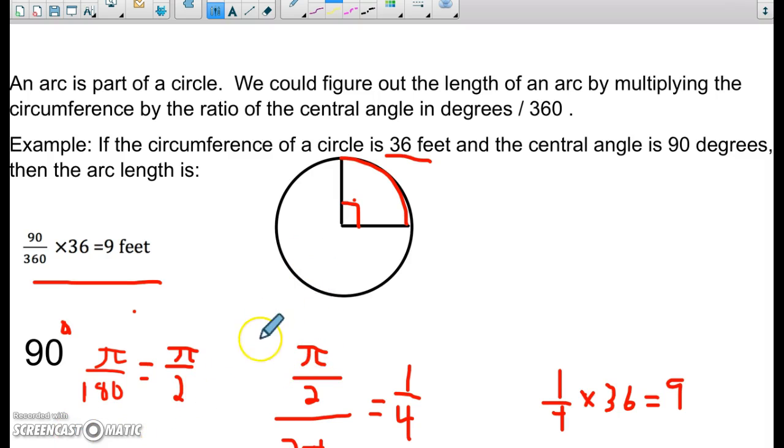So if I took my radians and divided by the whole circle, which is 2 pi, this improper fraction comes out to 1/4. And of course, 1/4 times 36 is 9. You get the same answer whether you use degrees or radians. Just remember your ratio. If you're using degrees, it's over 360. If you're using radians, it's over 2 pi.